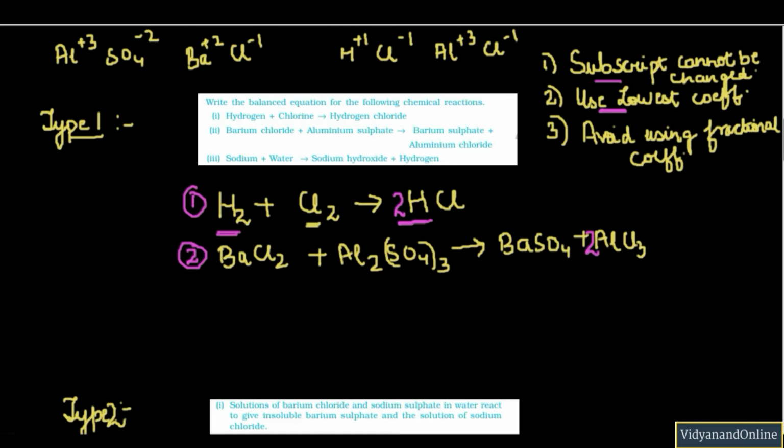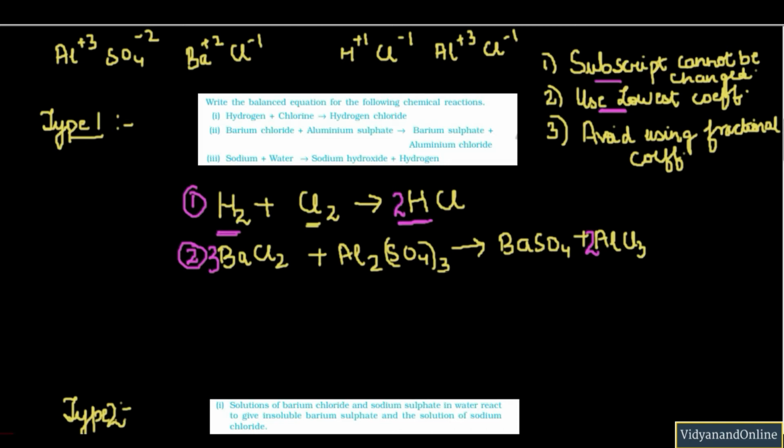It is 6 here, whereas it is 2 here, so if we put 3 here, we'll get 6. Now talking about sulfate, SO4, you can take it all together, or you can also break it down and balance S first and then O. I would suggest balancing SO4 all together; it makes the balancing easier. So SO4 is 1 here, and here it is 3.